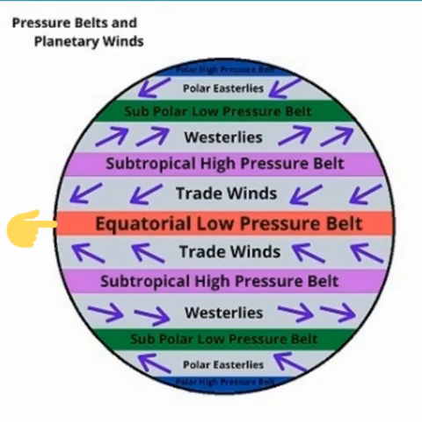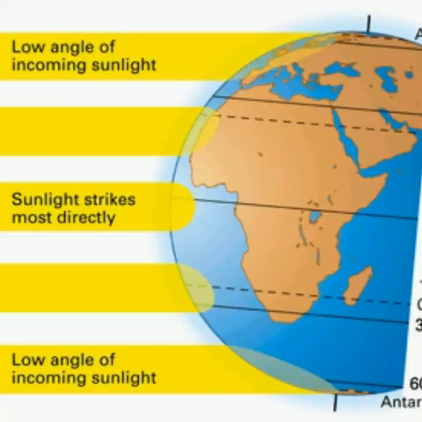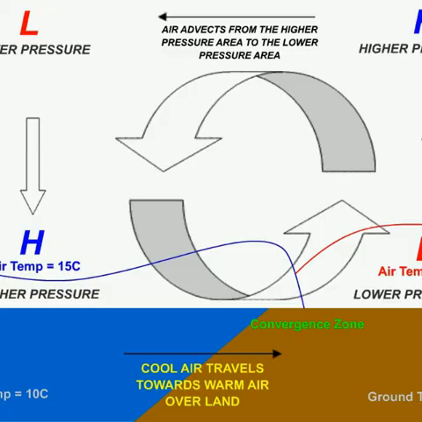Now coming to the next point, equatorial low pressure belt. The sun's rays can be perpendicular. Perpendicular means in a straight line between the Tropic of Cancer and the Tropic of Capricorn. So naturally the temperature will be high in this region. So because of the high temperature, the air also gets heated.